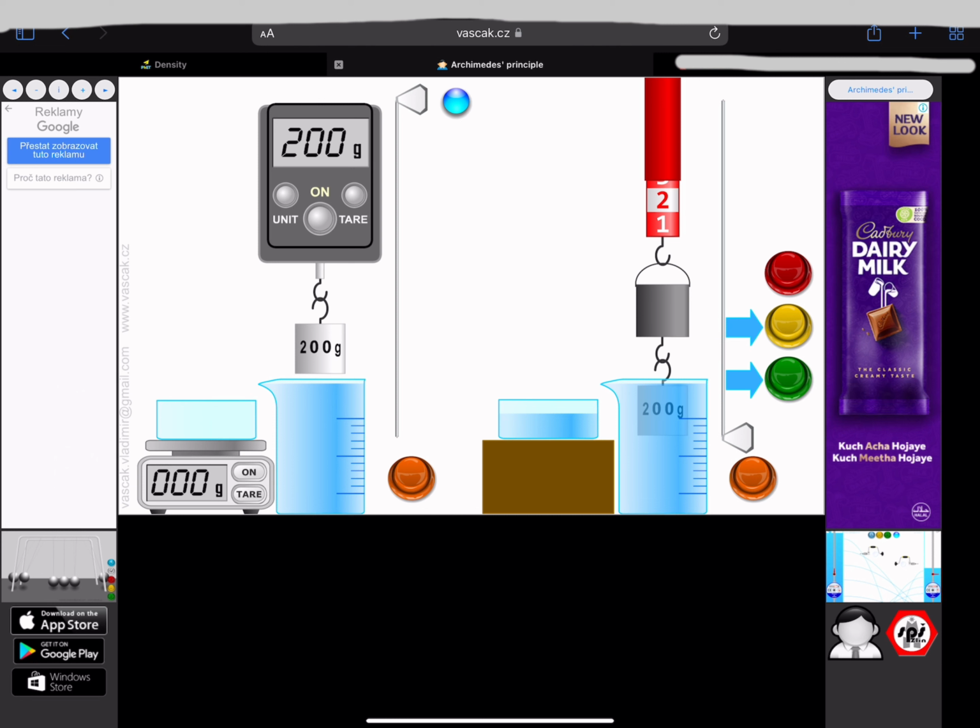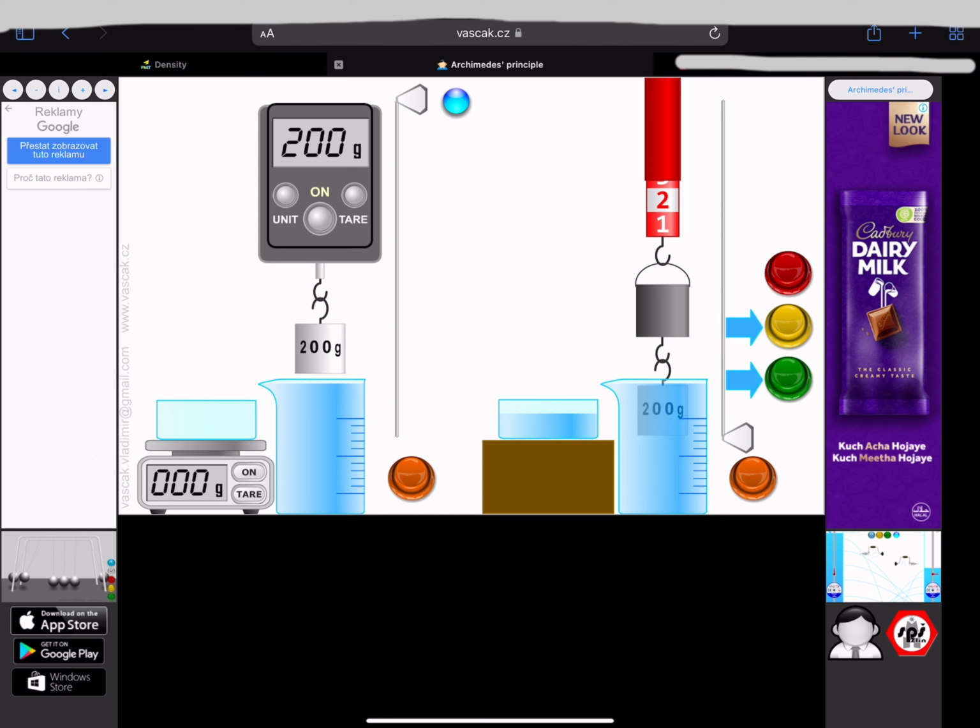It means that when we immerse something into the liquid, the apparent weight of the body will decrease. As you can see here, instead of 3, now you have something like 2 point something on the scale.